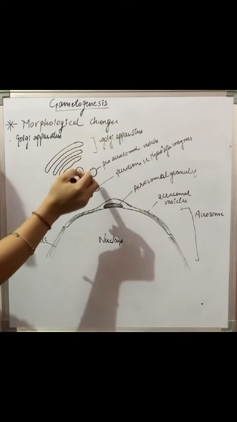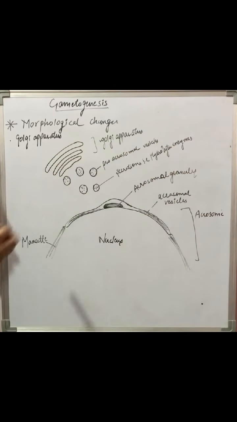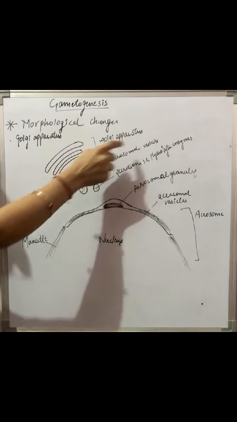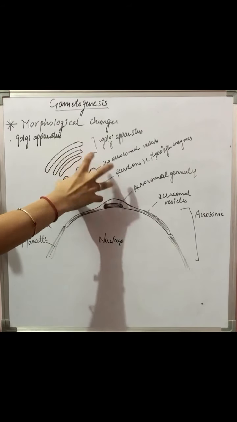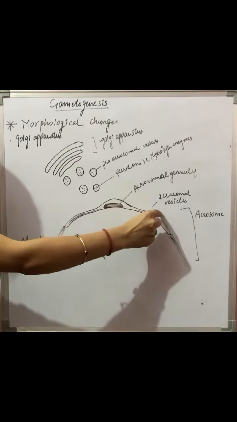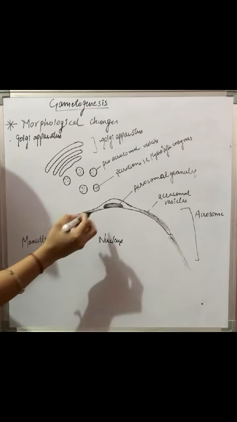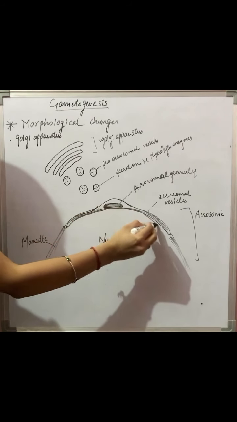These proacrosomal vesicles contain secretions that are hydrolytic enzymes. All these vesicles secreted by the Golgi apparatus join together and form this part above the nucleus.